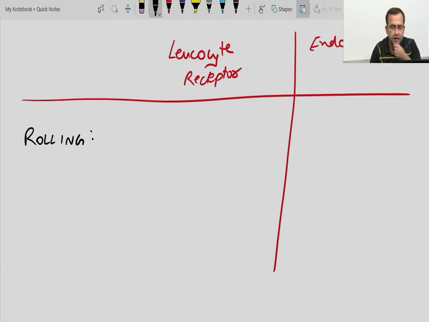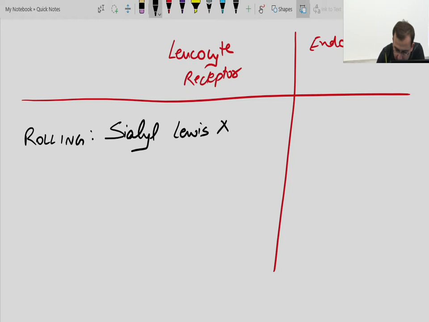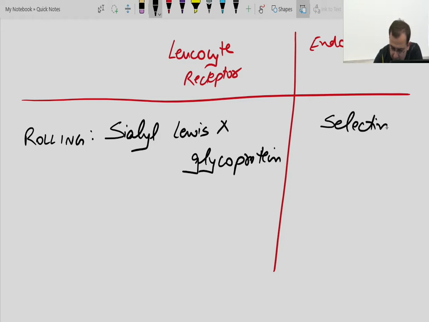The leukocyte receptor responsible for rolling is sialyl Lewis X glycoprotein, present on leukocytes, which in turn binds to selectins present on endothelial cells.